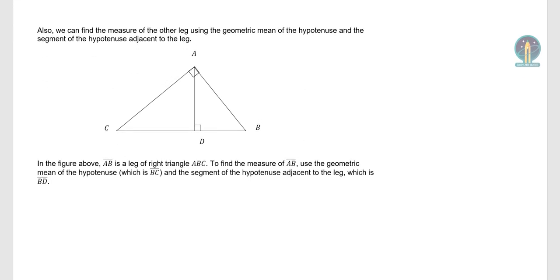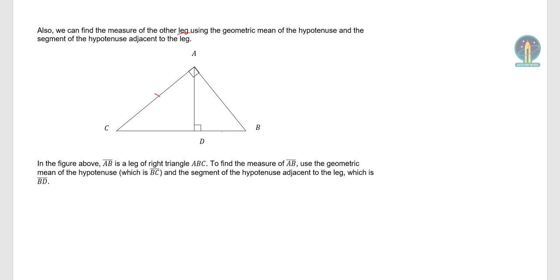So we've done side AC, and we could also do the other leg of the triangle, AB, by taking the full hypotenuse and the other segment of the hypotenuse that's adjacent to the side of interest. Let's visualize this a little more.